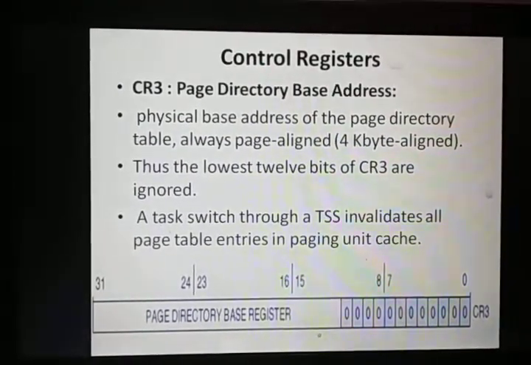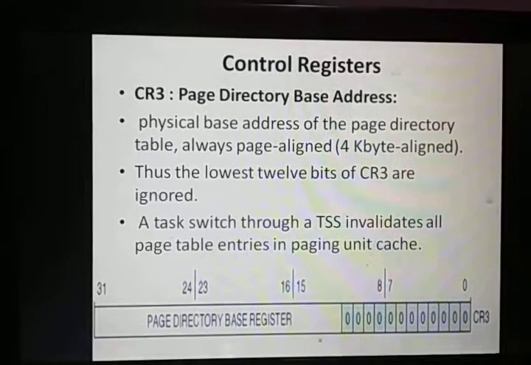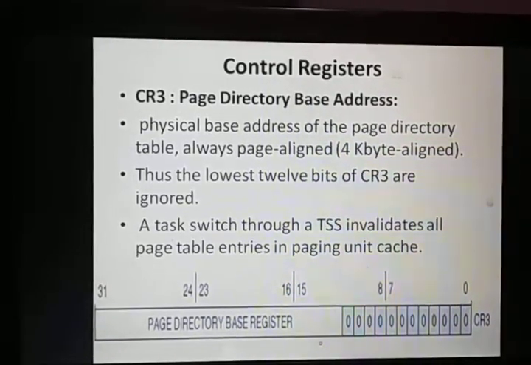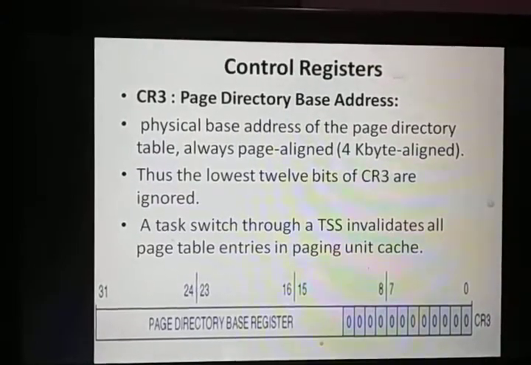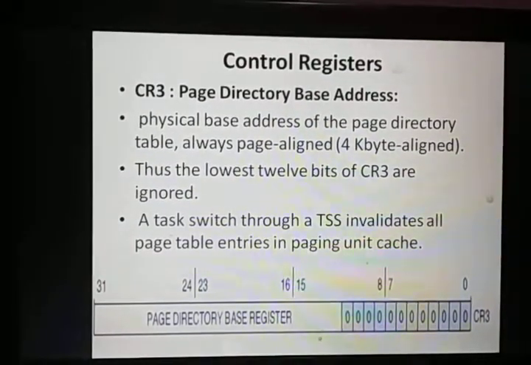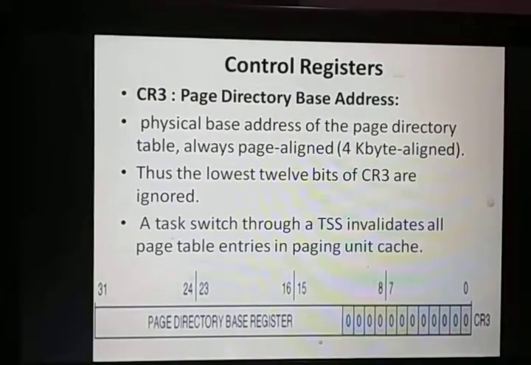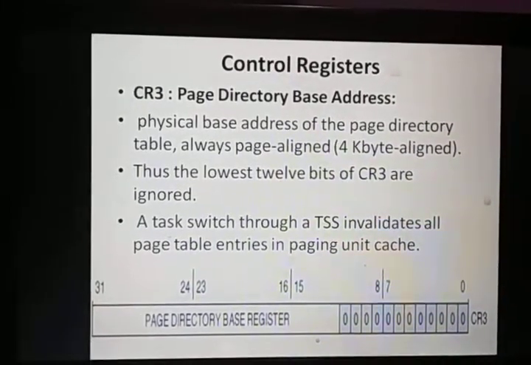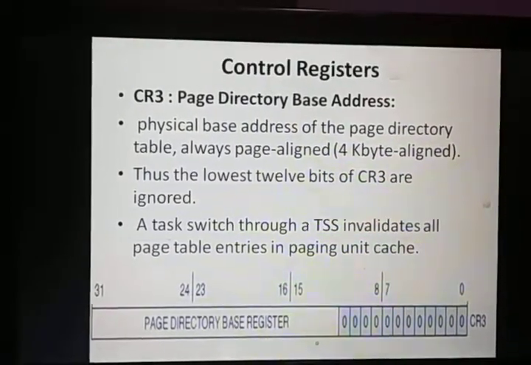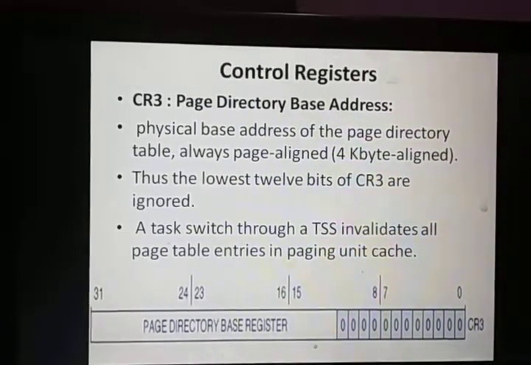The directory is a 10-bit field, the page is also a 10-bit field, and the offset is a 12-bit field. The 10-bit directory field works as an index into the page directory table, and the base address of the page directory table is provided by control register 3.